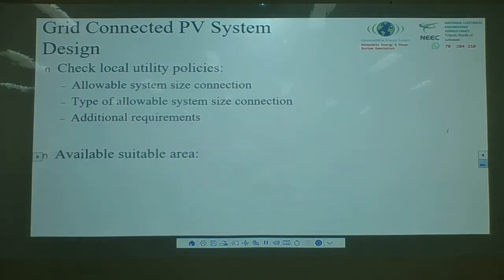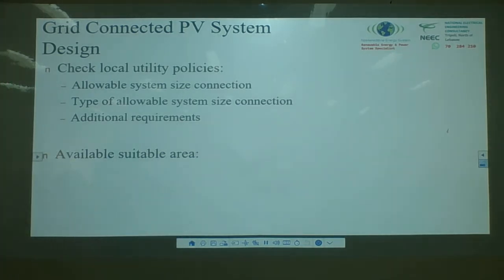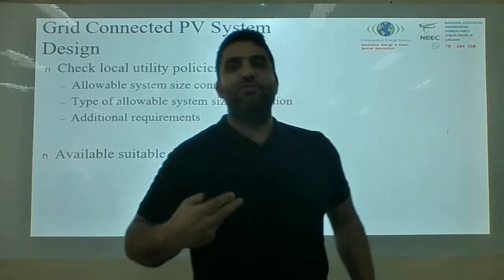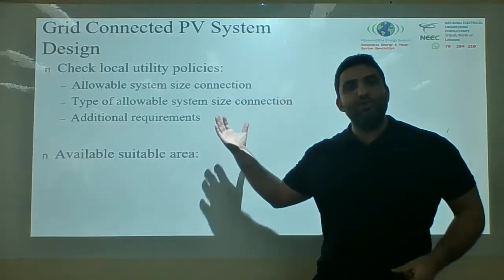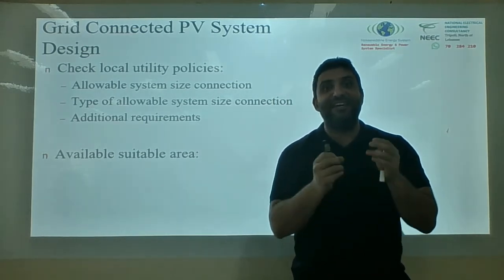Number two is, I need to connect a number of solar panels. It's very vital to have the available area. What do I mean by suitable area? As we saw from the cell and the panel, I need the sun radiation.